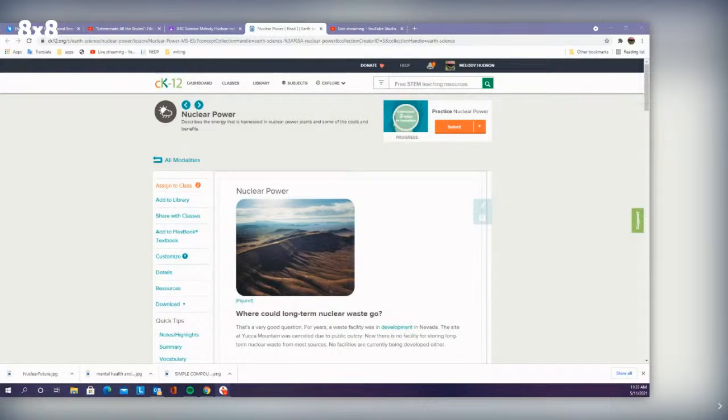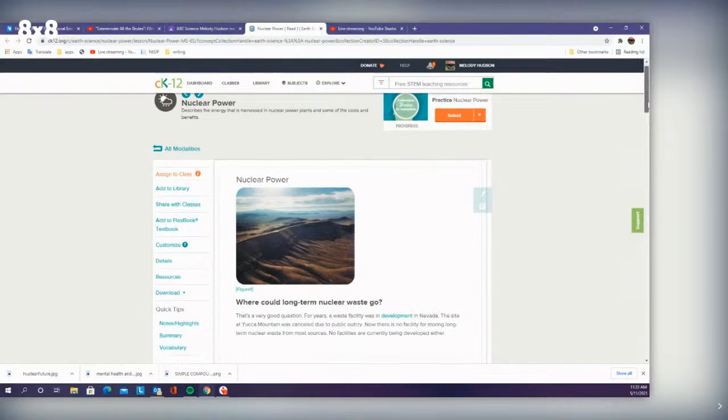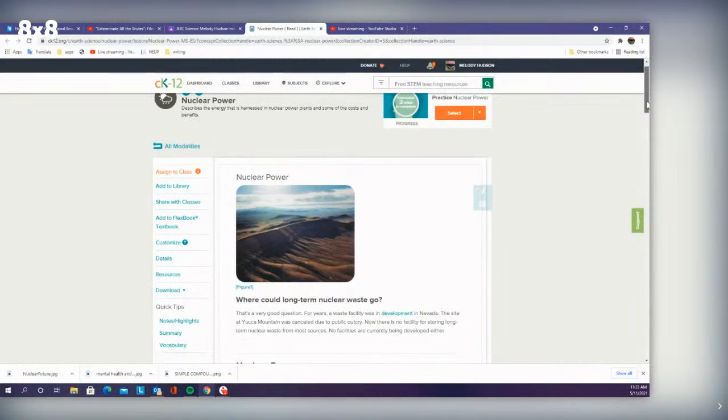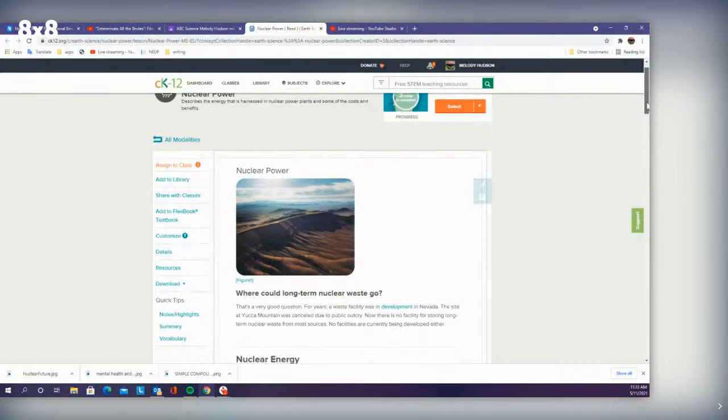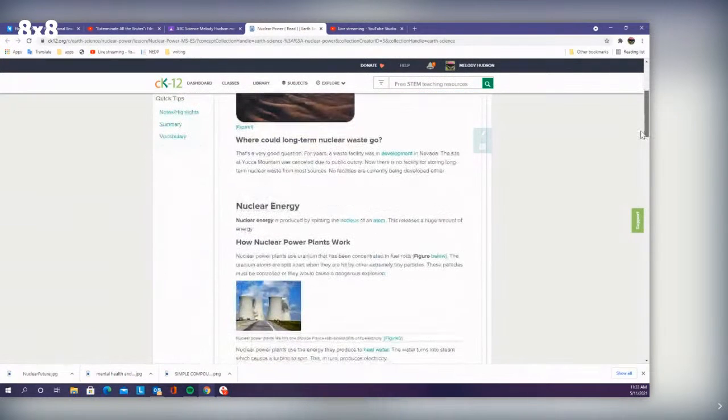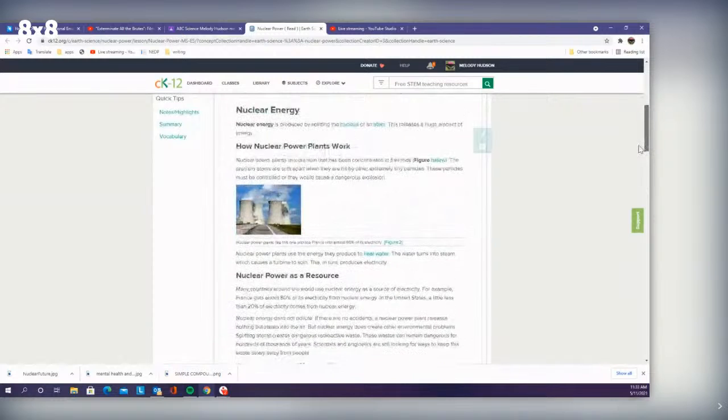Either it's who knows what you're doing, or we know what you're doing to the environment and we don't like it. So they got rid of that source, and now there isn't one for storing long-term nuclear waste from most sources, and there aren't any being developed. You decide.